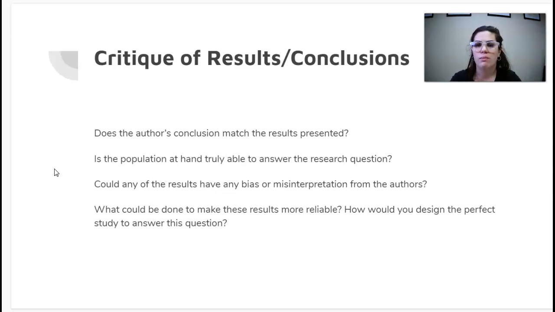Because when we form evidence-based practices, we want to make sure that we're looking at really good quality research. And eventually we'll collect a lot of really good quality research to form those practice applications. So you guys becoming more research literate is super, super important, and this is going to help you next semester, specifically in my class, because you're going to write a literature review on a research question that you guys come up with.